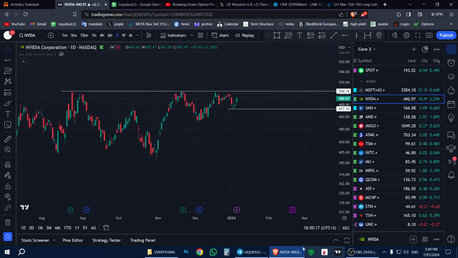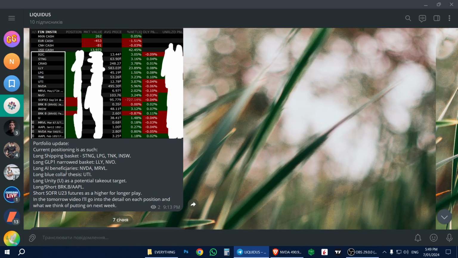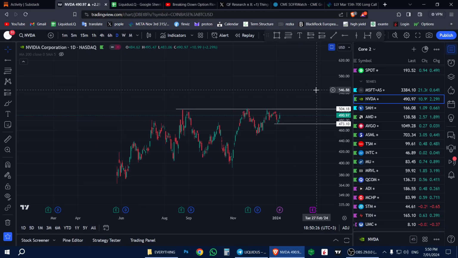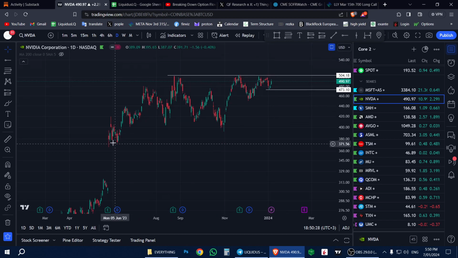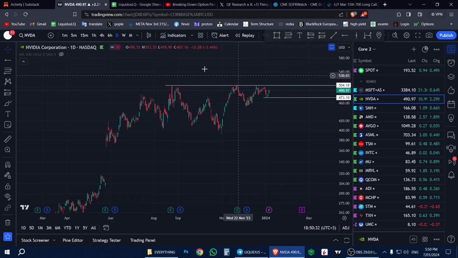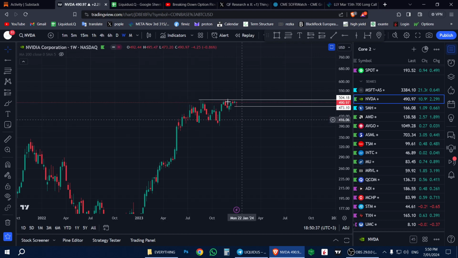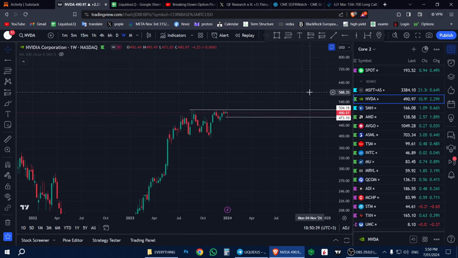And the names are from this thematic basket, and the theme behind them is NVIDIA and Marvell. Why NVIDIA and why Marvell? After that initial move right here, an initial gap higher, NVIDIA has been stagnating in that region for a long time. Regardless of whether you think it is too expensive or still cheap, we don't look at it like this.